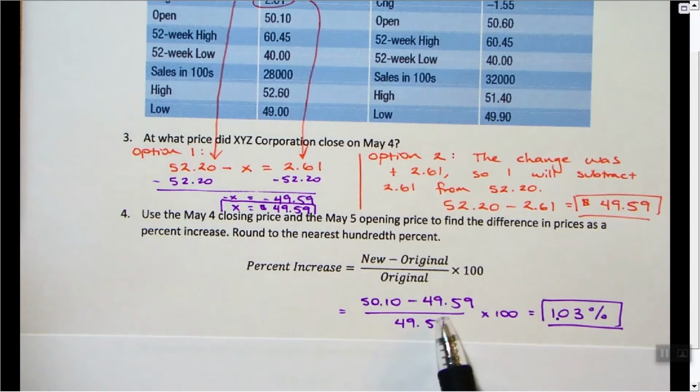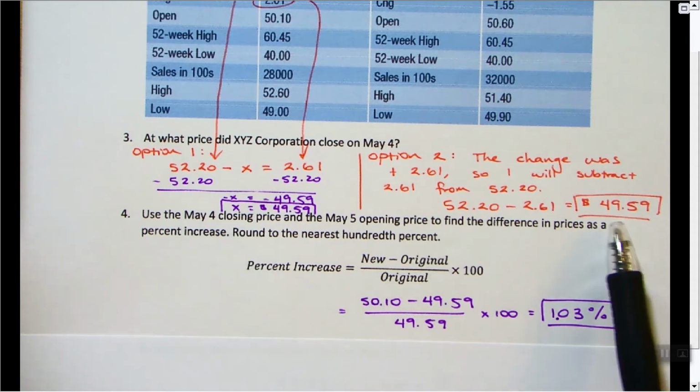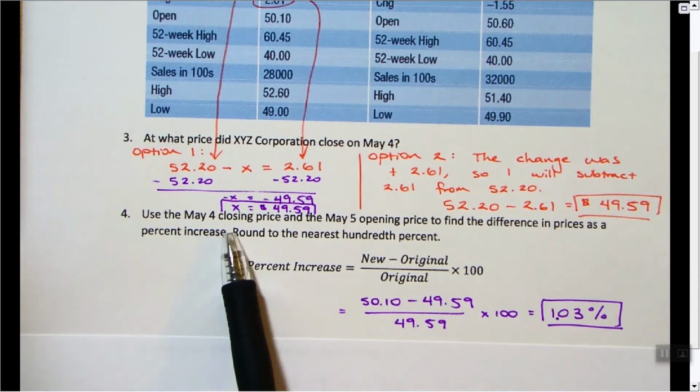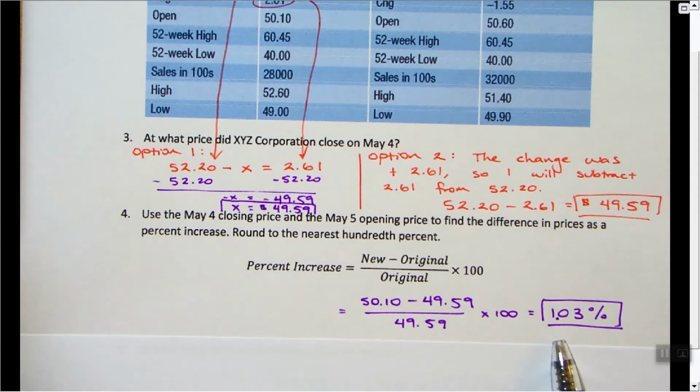And the original price, or the previous price, was the May 4th closing price, which is $49.59. Divided by the original, which again is $49.59, times 100, and you get 1.03%. The percent increase from the May 4th closing price to the May 5th opening price is a change of 1.03%.